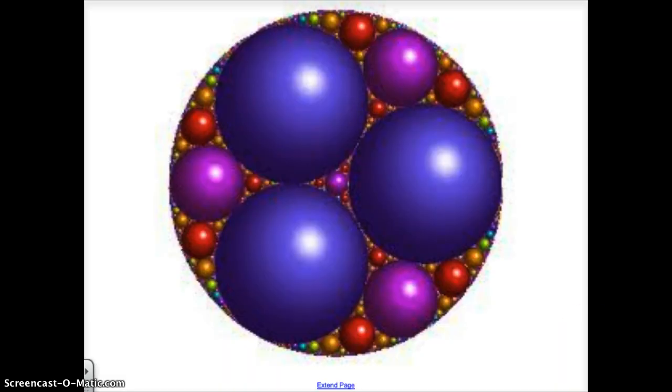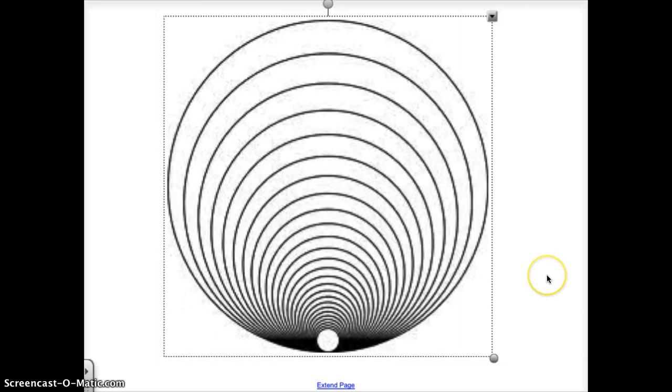Here are some good examples of some commonly tangent circles. These would all be considered commonly externally tangent, unless you're talking about the entire circle on the outside, everything being on the inside of that. This is a good example of a set of circles that are internally tangent to each other.